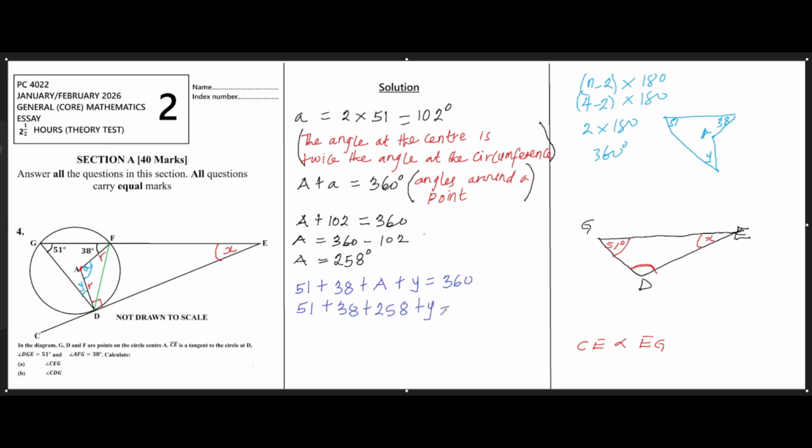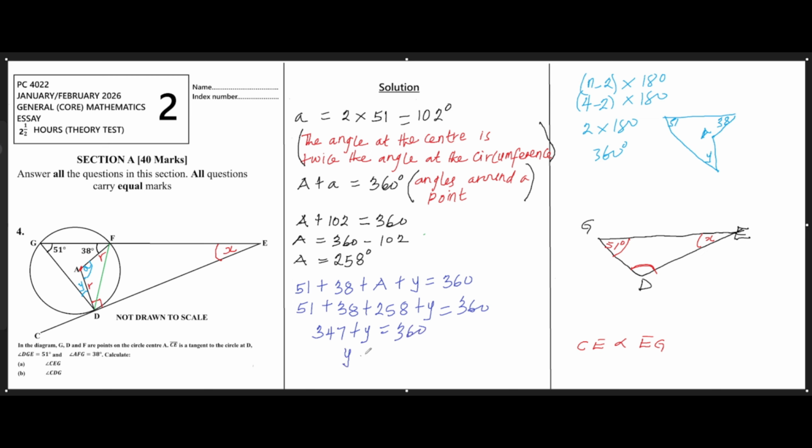So 51 plus 38 plus 258 is 347. 347 plus y is equal to 360.